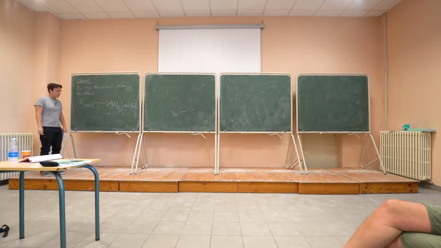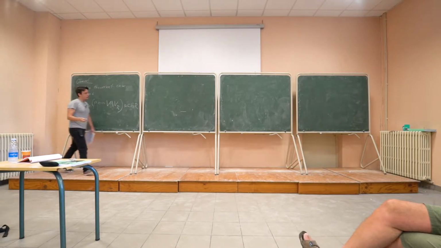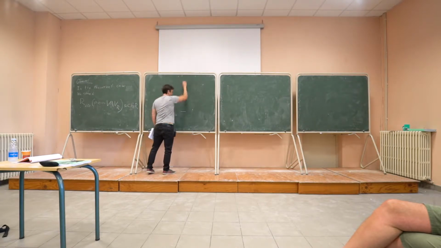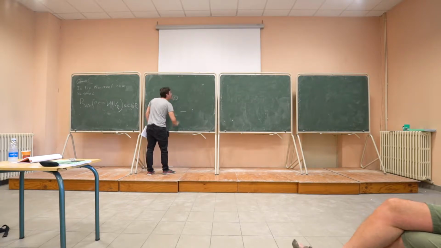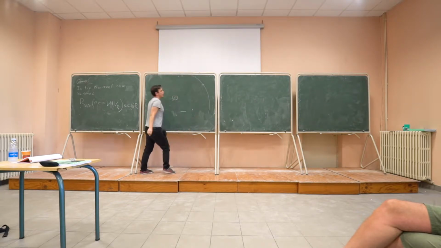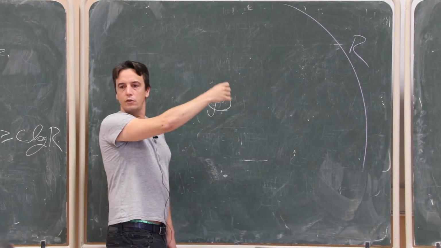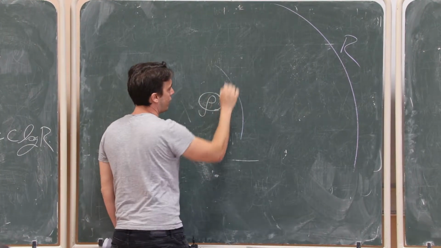I'm reminding you the argument. We had this ball of radius 1, which is the root, and here we have the Euclidean ball of radius r. We're putting here log many dyadic annuli.